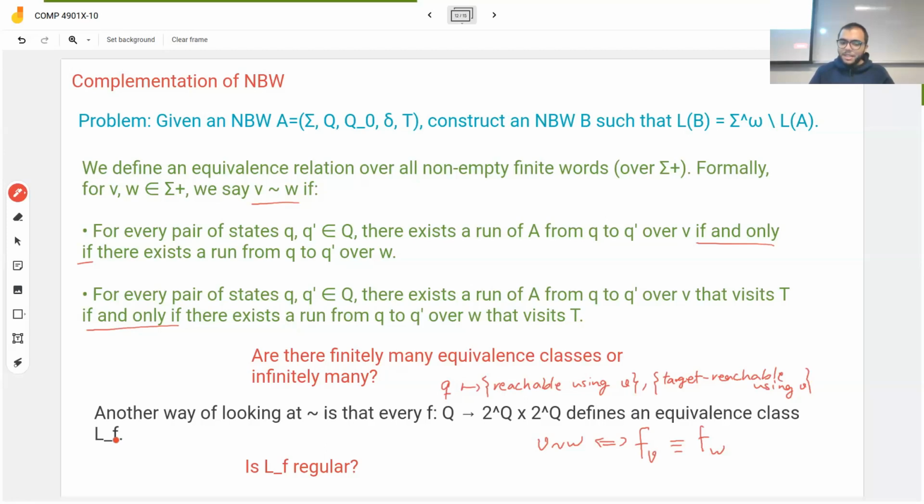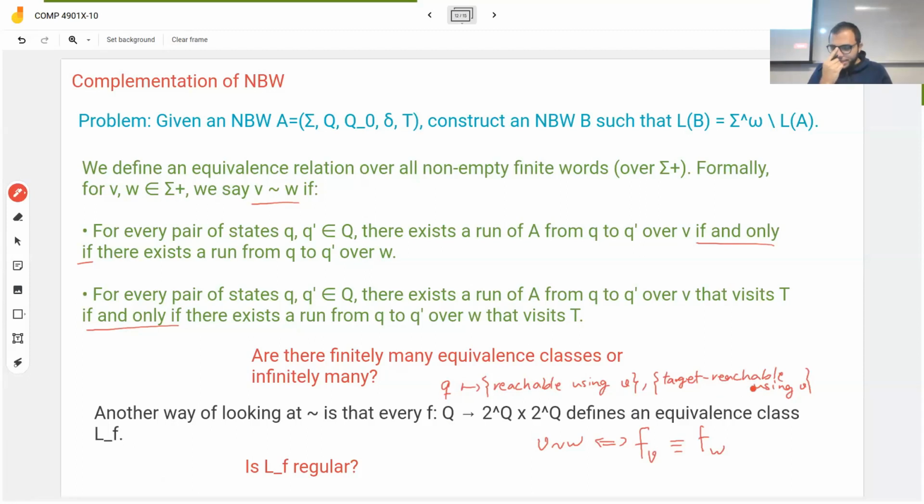So another way of looking at this is that I give you a function f, okay? And this function f is basically a map that maps every state to two things: everything that is reachable from that state, and everything that is reachable and can also see a target on the path when reaching.